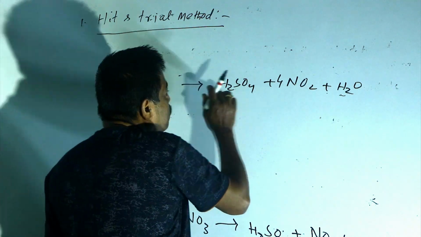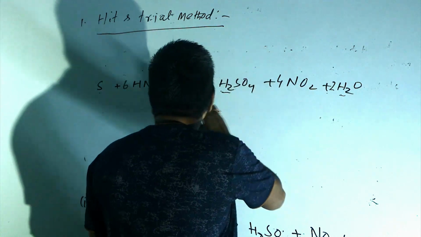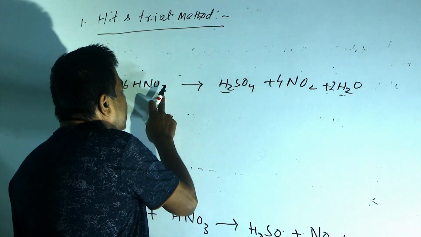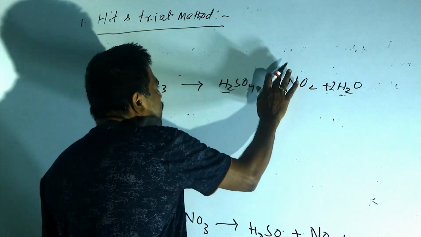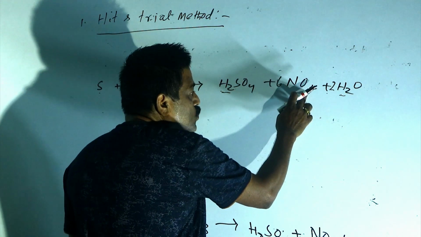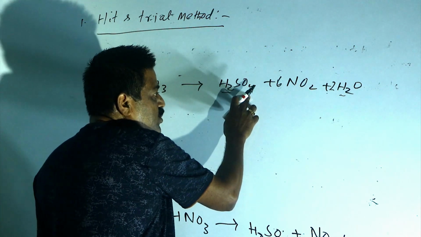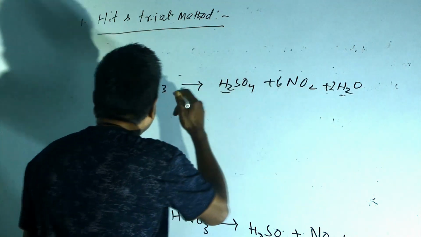Now 6, here you have to give 2 to have 6 into 3, 18, 6 nitrogen atoms, here you have to give 6, then 6 into 2, 12, plus 4, 16, plus 2, 18. Here is 18.